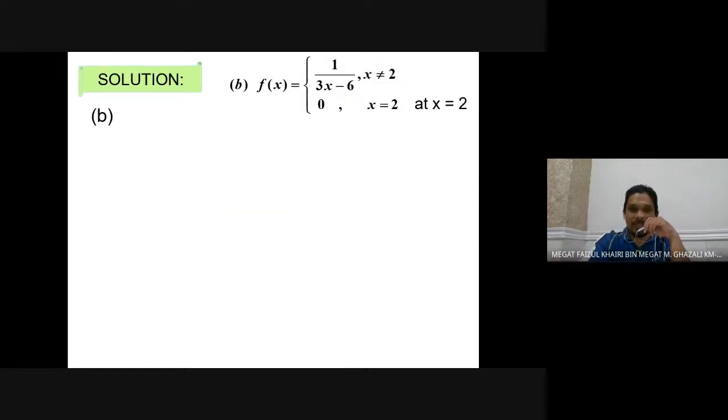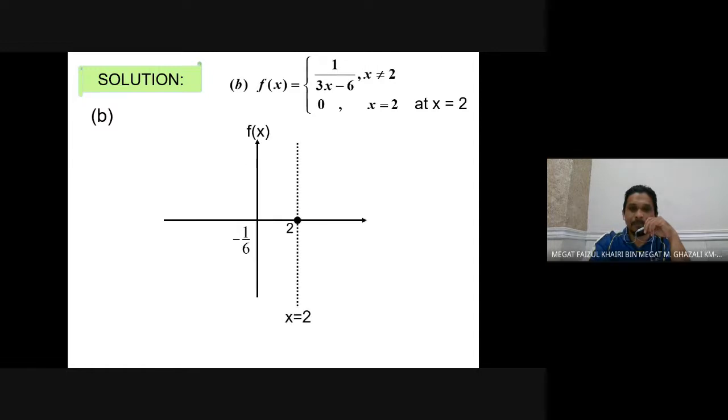Okay, what about this one here now? The denominator cannot be equal to 0. 3x minus 6 cannot be equal to 0. Then 3x cannot be equal to 6, and x cannot be equal to 6 divided by 3, which equals 2.